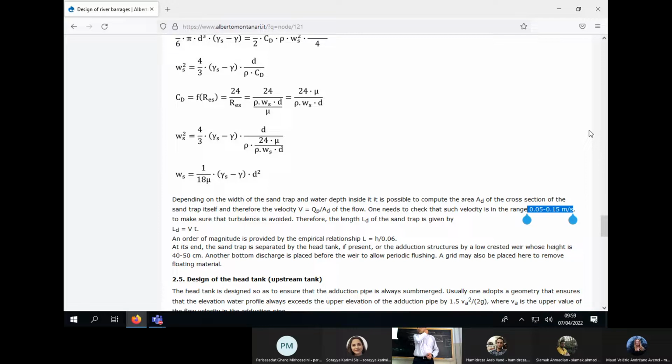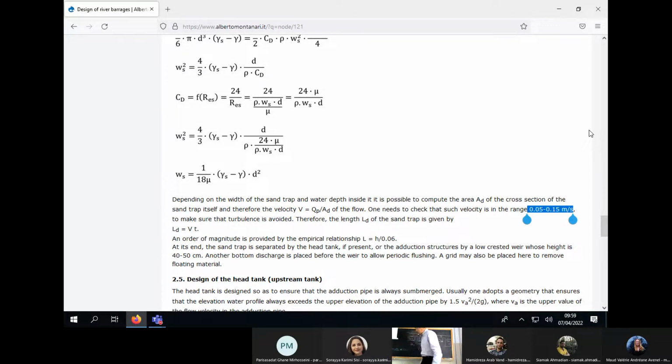Then we multiply by the square of the diameter of the particle. This is the velocity of sedimentation, derived through the Stokes formula, which again I don't ask you to prove.